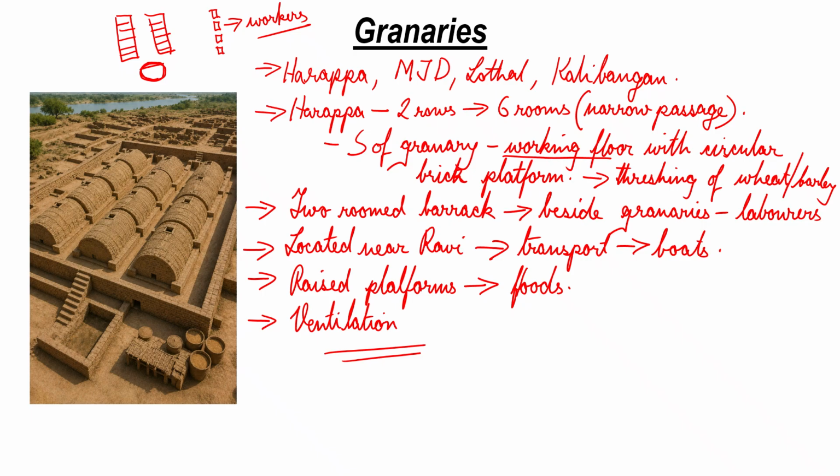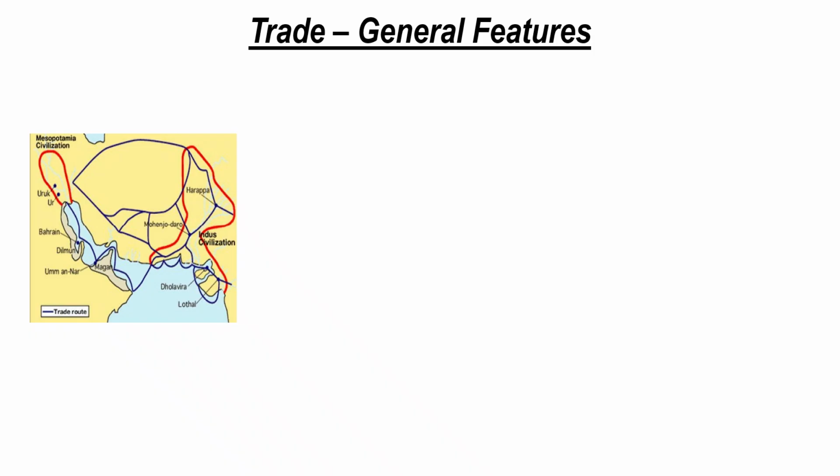Now we will discuss what were the main activities related to trade. Now before I get into trade, I would like you to see the map. You see the civilization is here, and we have internal trade. You see Harappa, the main center. We have Mohenjo-daro here.